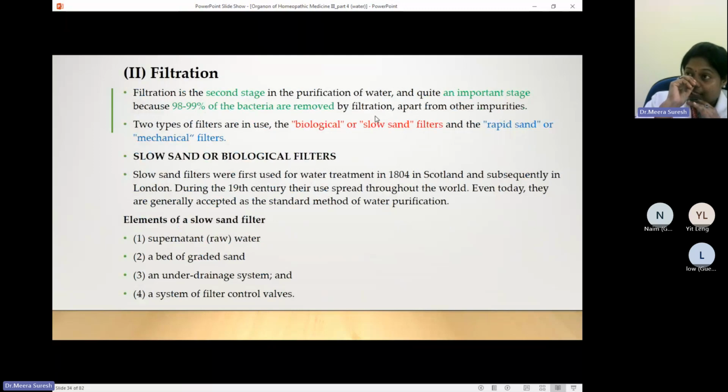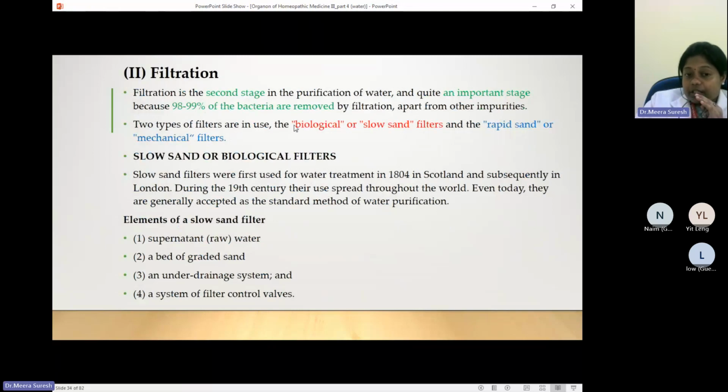We do have chemicals, which can bring about danger, yes, but the most immediate danger will be because of the presence of pathogenic organisms, be it parasites or cholera bacteria. They are going to bring about diarrhea, dysentery and other diseases. So the most essential thing is the removal of these pathogenic organisms, and 98 to 99% of that happens during the process of filtration, the second one.